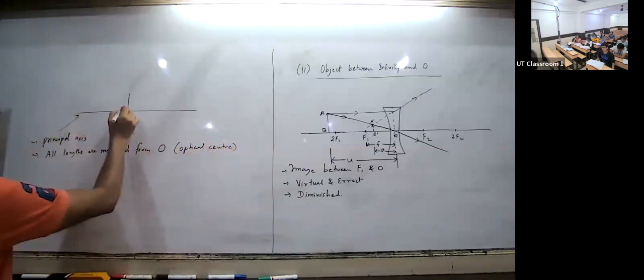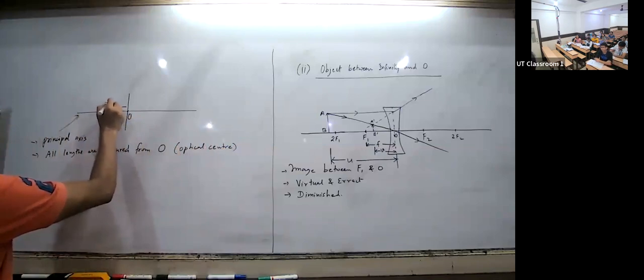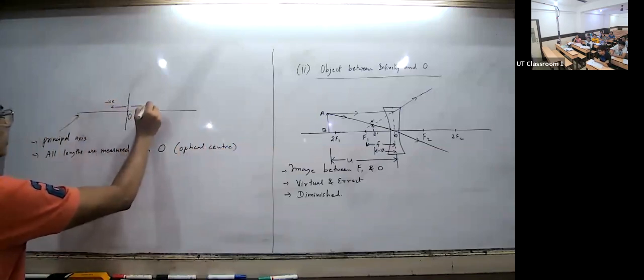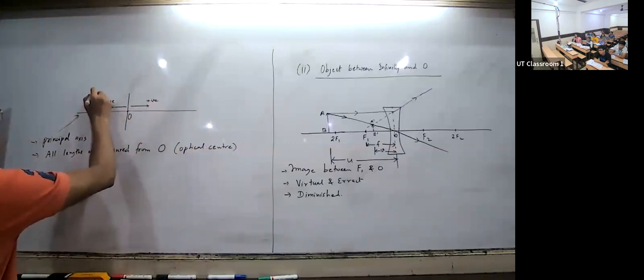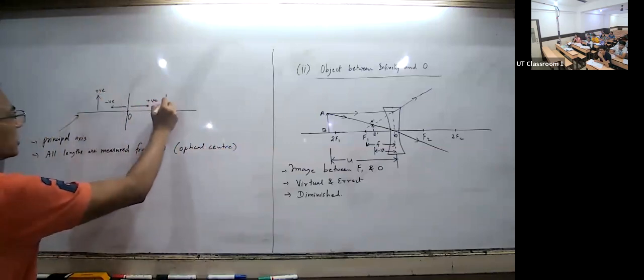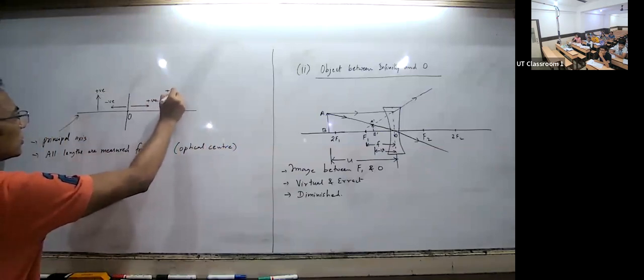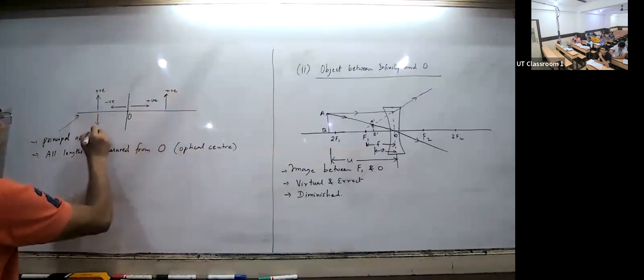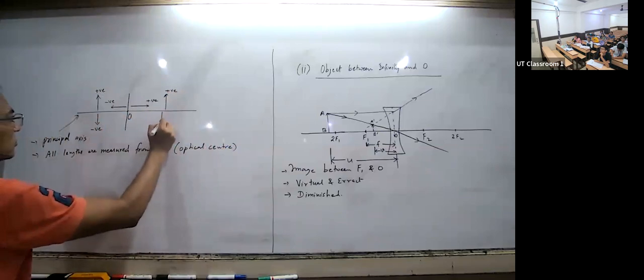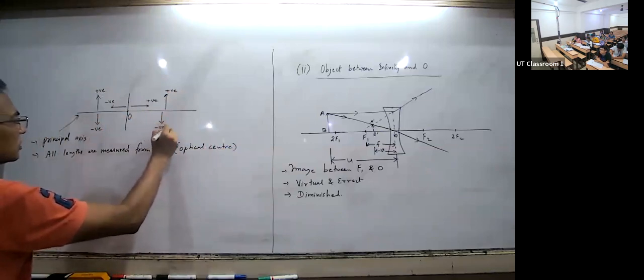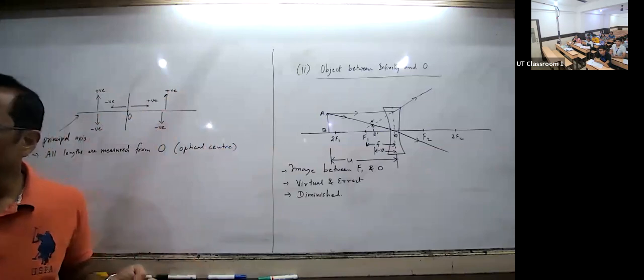So the distances to the left are negative, to the right are positive, above are positive on both sides, below are negative on both sides. That's it. This is the sign convention.